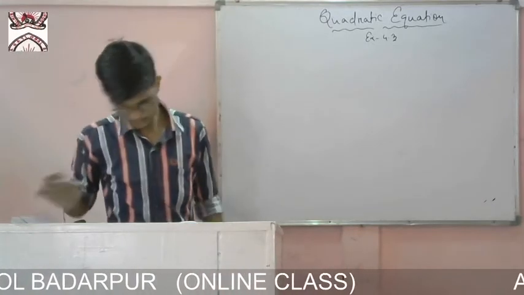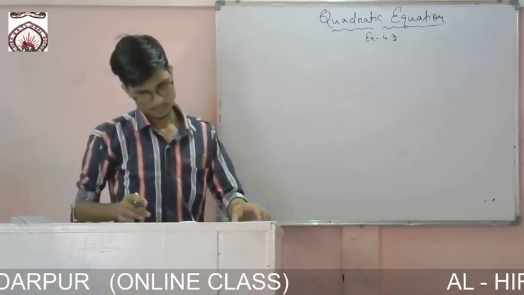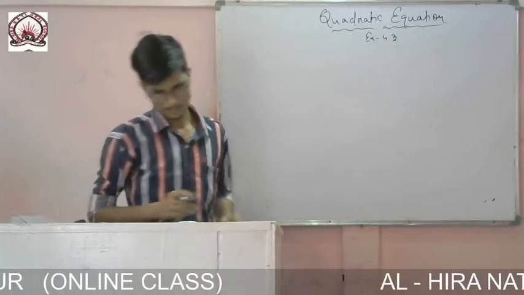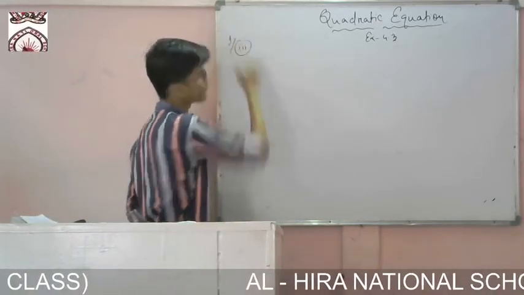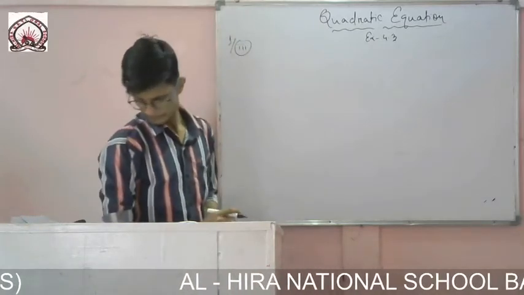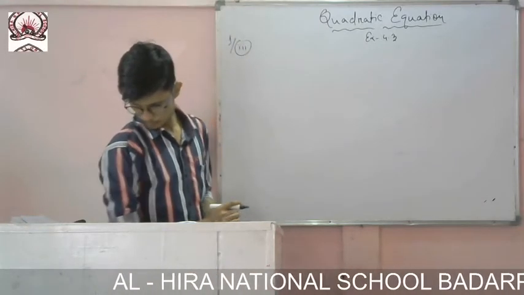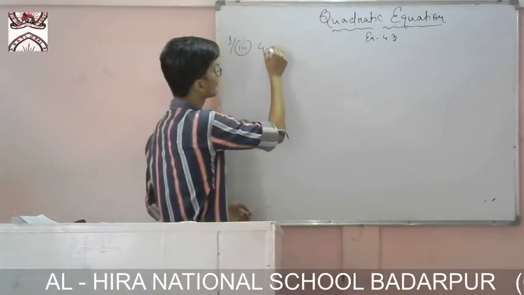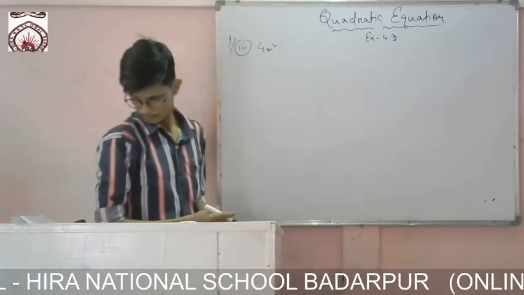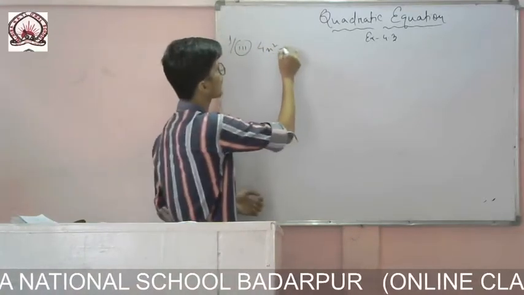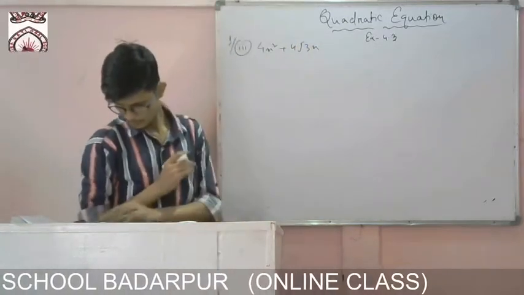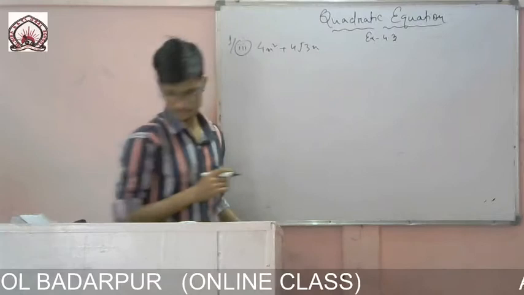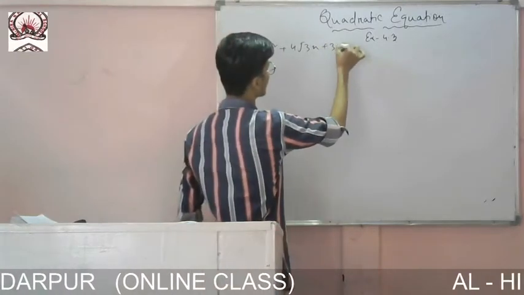Okay, let me do the next one. It is Roman number 3. It is given like this: 4x square plus 4 by root 3x plus 3 equals to 0.